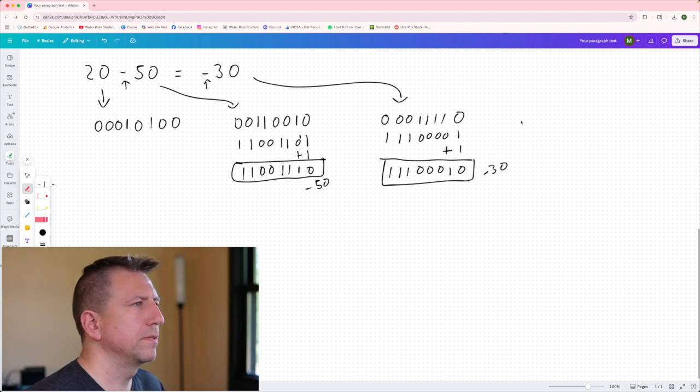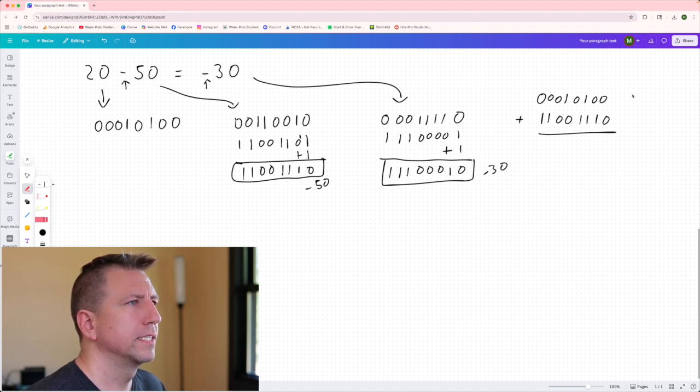So performing the operation, I'll just do it up here. This is 20, 0, 0, 0, 1, 0, 1, 0, 0. Minus 50 is adding a minus 50, 1, 1, 0, 0, 1, 1, 1, 0. Adding those together now. So this is 20 plus a minus 50, and we should get a minus 30, right?